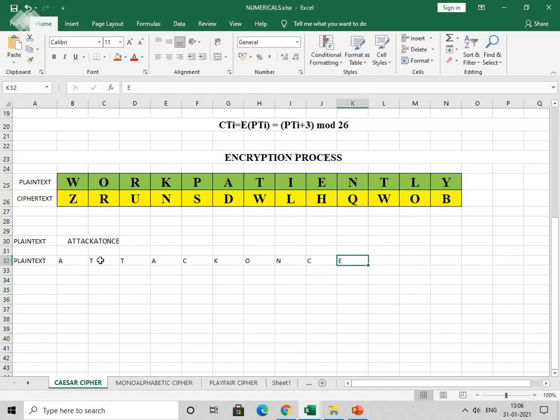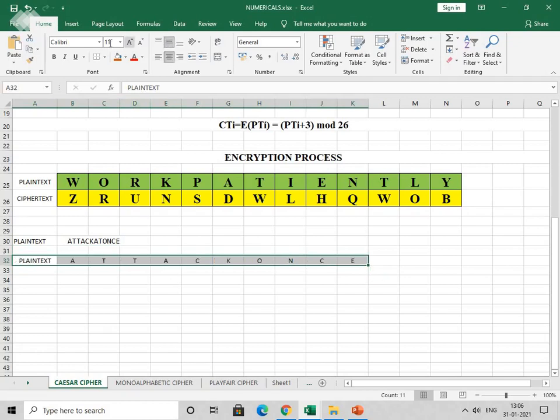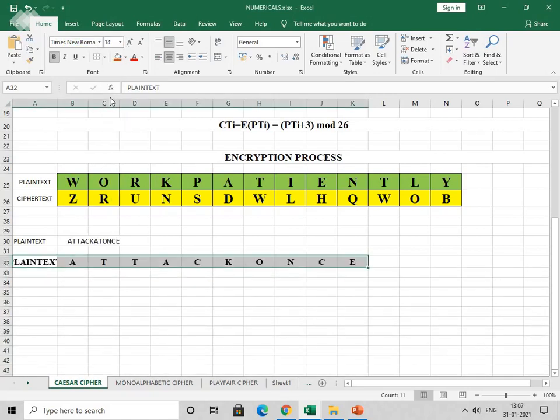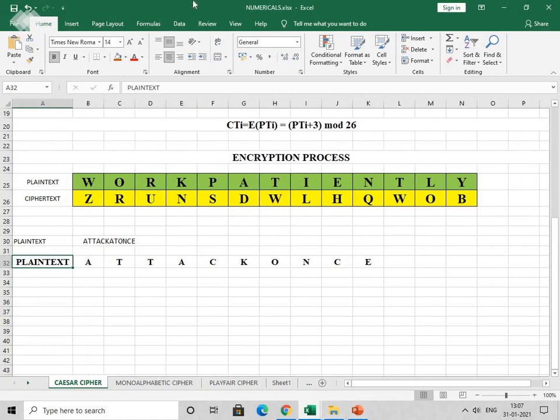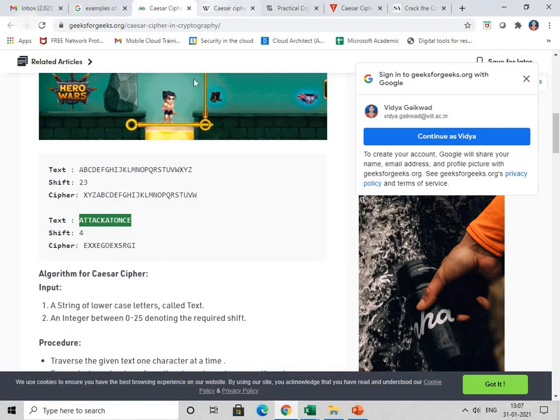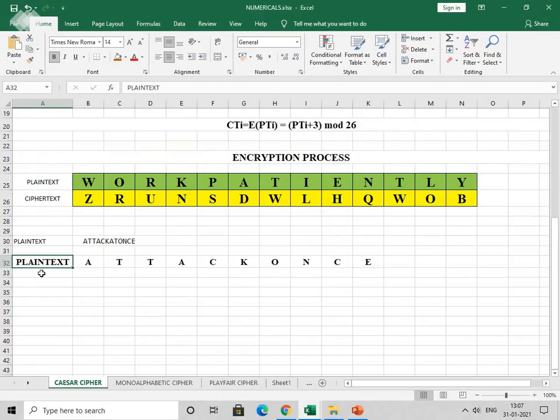So this is your plain text. Now you are going to move this by 4 positions. The shift is of 4 positions.